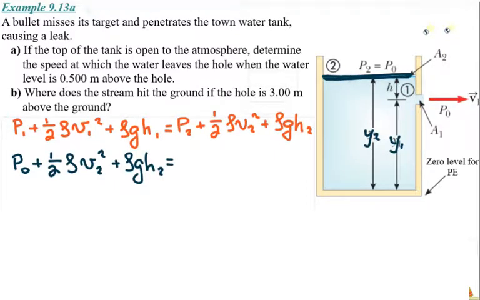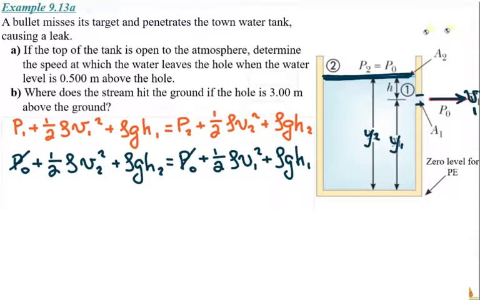And then where the hole is, we have again P sub 0 plus 1/2 rho v1 squared, and this is the velocity v1, plus rho g h1, the height where the hole is. So P sub 0 and P sub 0 can be cancelled. Also, very often the speed at which v2 is moving down is much slower compared to v1.